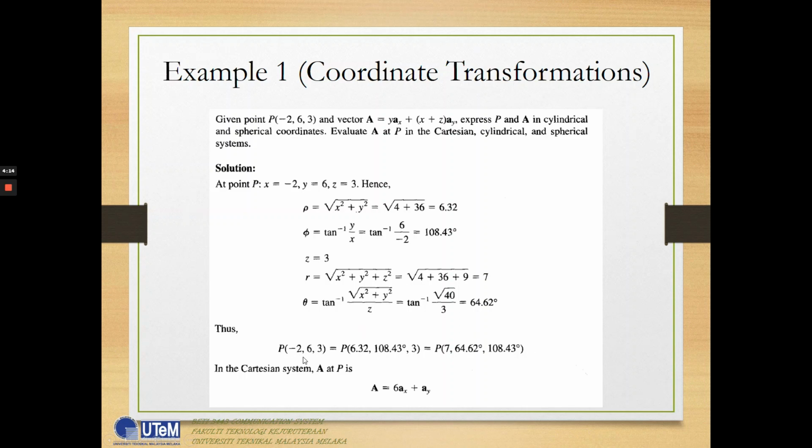Now see how we represent this. We have a Cartesian or rectangular coordinate system, then we convert it to a cylindrical coordinate system, and this is a spherical coordinate system. I told you already that in a cylindrical coordinate system there will be one angle.